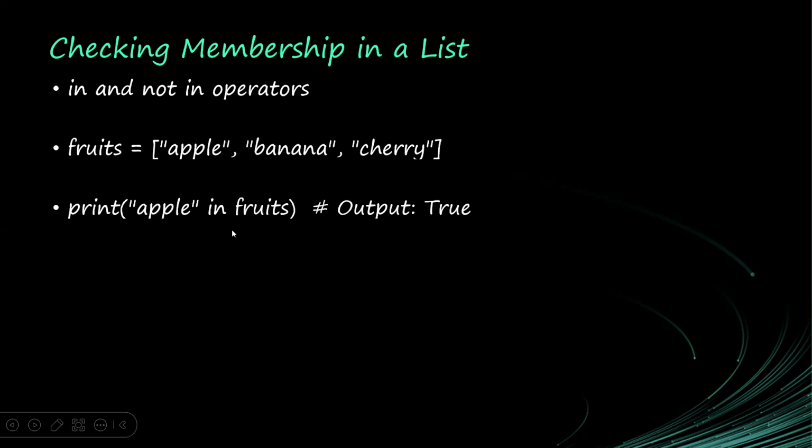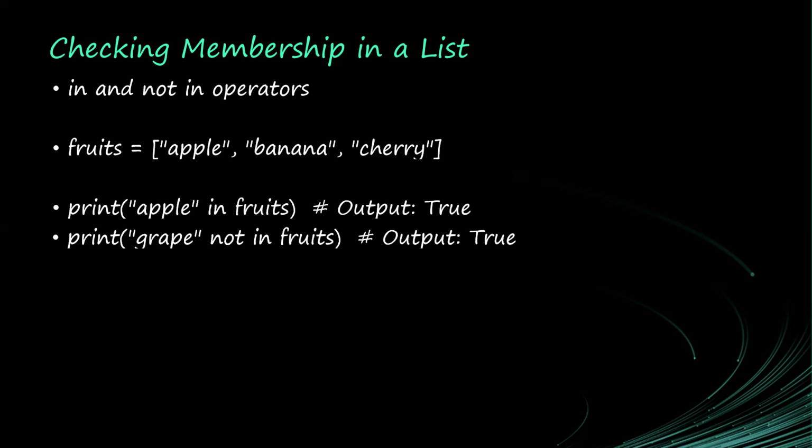The membership operator returns a Boolean value, so it returns true or false. You can say, do we have apple in our list, or do we not have apple in our list? The in and not in operators return a Boolean value.